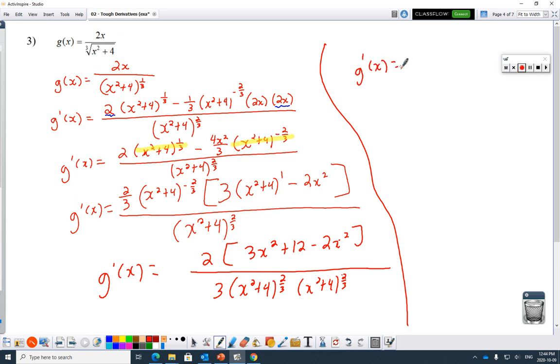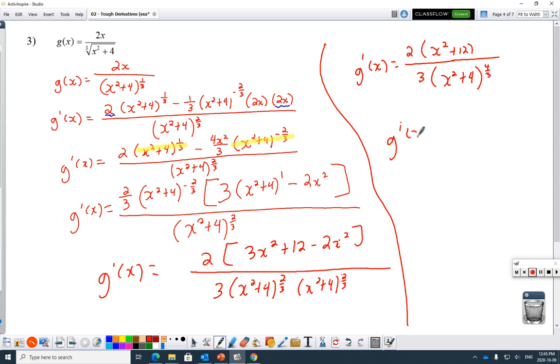No, last two steps. 2 bracket x squared plus 12 over, oops, I'm going to have to move that guy down there for a little while. And the bottom is 3 bracket x squared plus 4 to the 4/3.